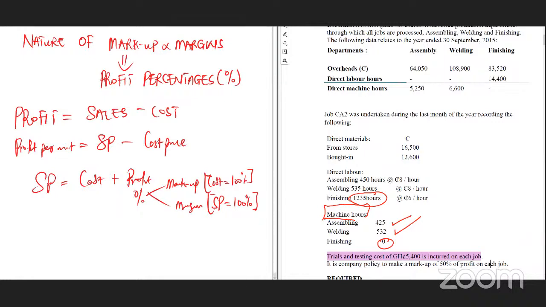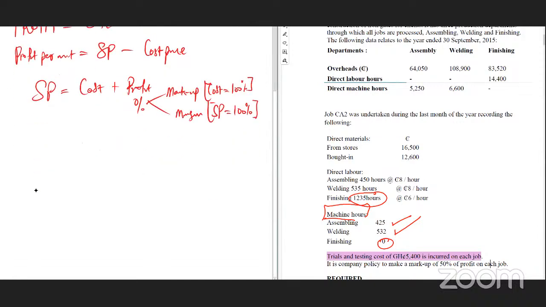So we are going to take some simple illustrations before we come back to this question so that you understand. So anytime you hear markup, assuming they tell you that a company, I want to use a real example, a company has cost of sales of 500,000.